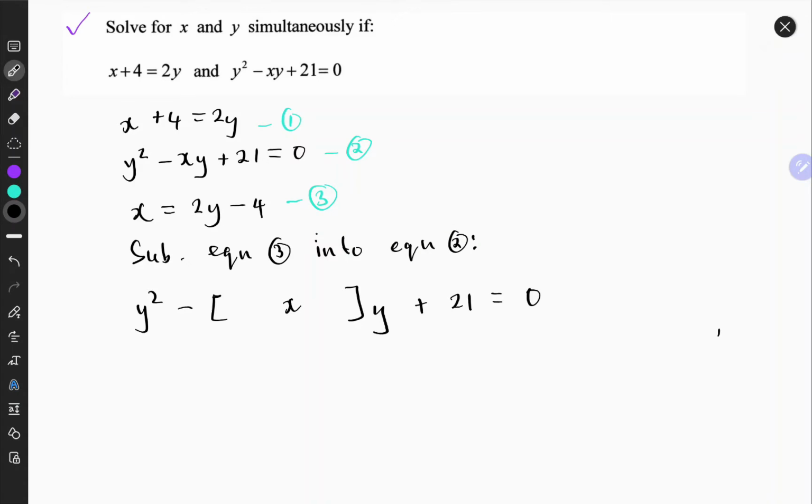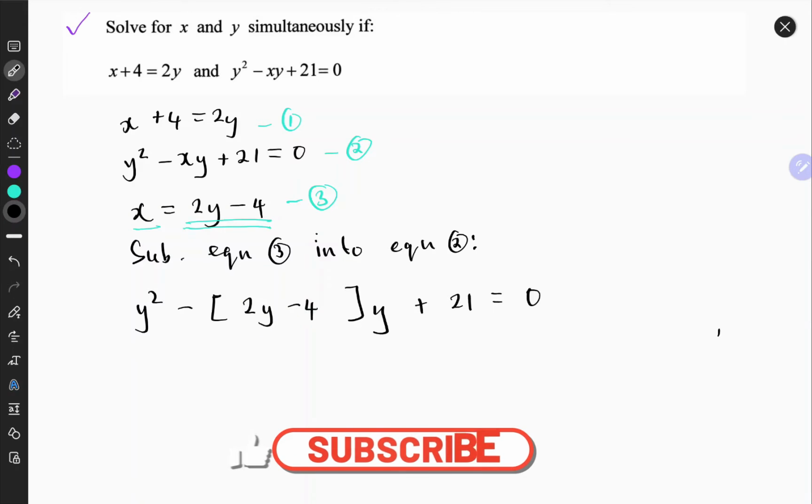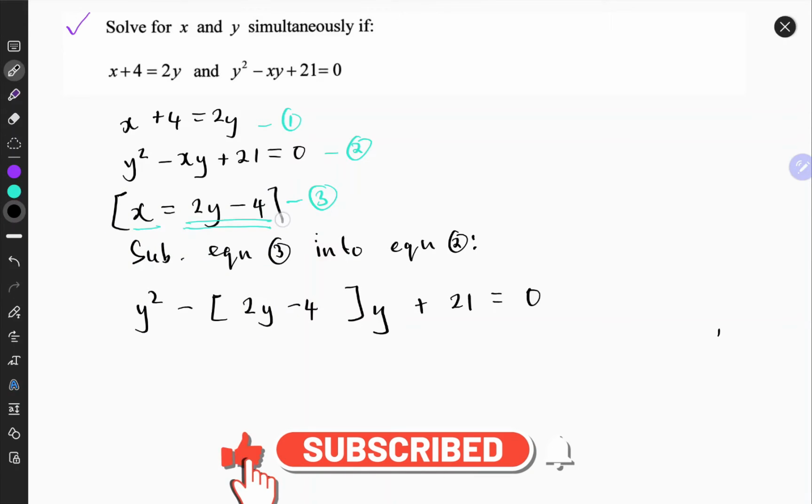So in equation 3, wherever there's an x, we're going to substitute 2y minus 4 because x is equal to 2y minus 4. So in the x's place, we're going to substitute 2y minus 4 because in equation 3 they are equal.